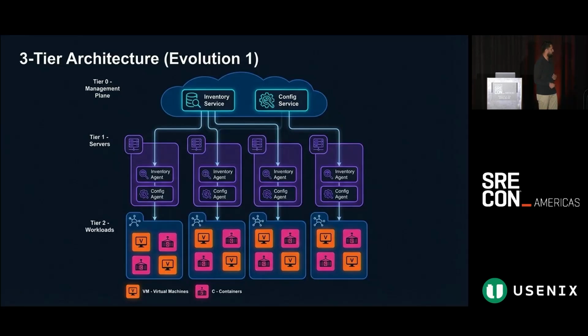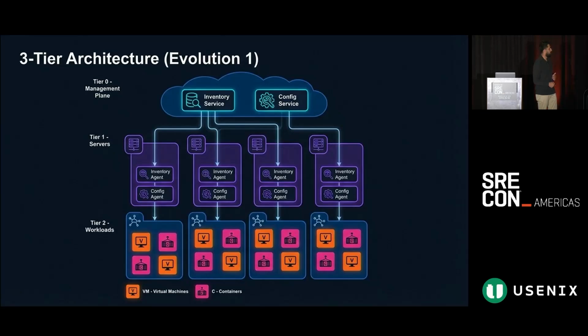Tier 2 was where the workloads lie. Now they were discovered resources on the management plane. They were no longer first-class citizens. And one more point I wanted to bring up was, as you see, the inventory service is connected with all the inventory agents on the servers.